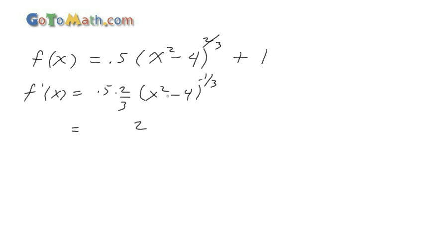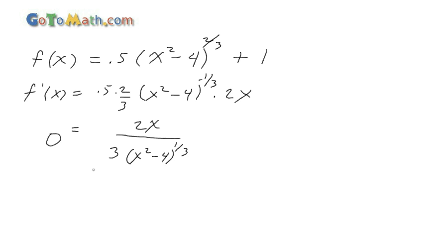Oh, you know what? I just about forgot. We got to take the derivative of the inside. Anybody see that? Okay, so we end up with 2 times 0.5 times 2, which is just going to be 2, right? 2x on top over 3 times x squared minus 4 raised to the 1/3 power.